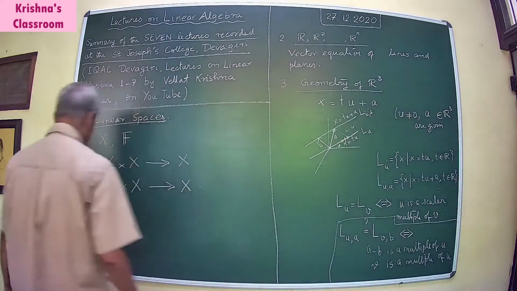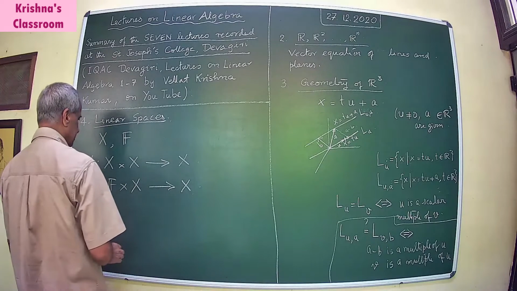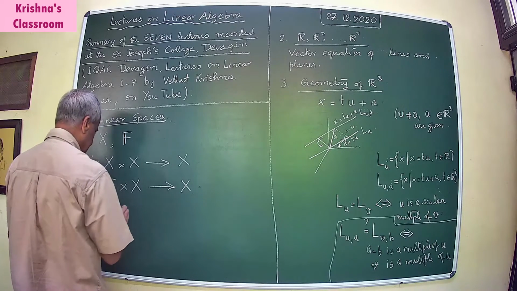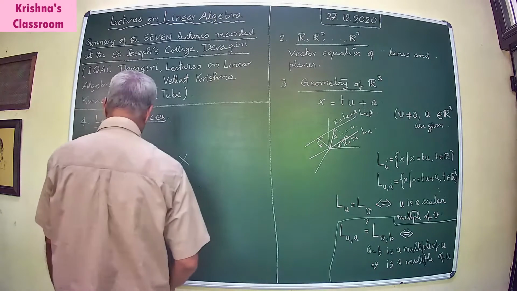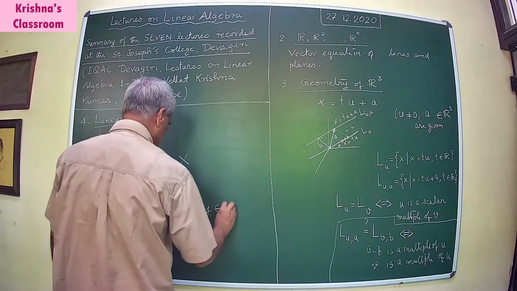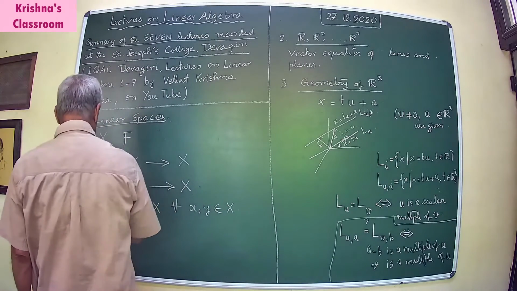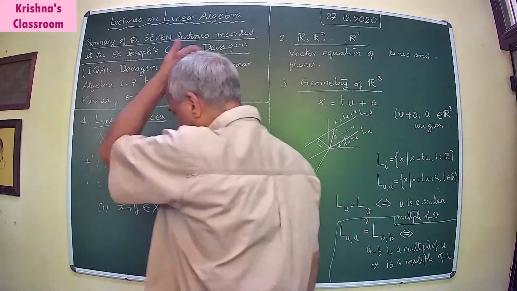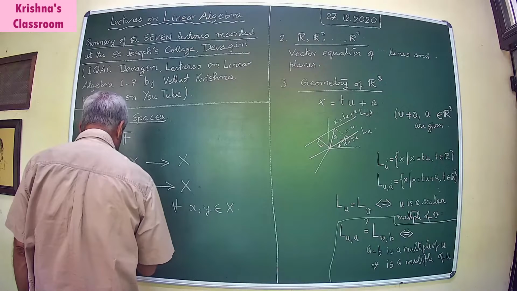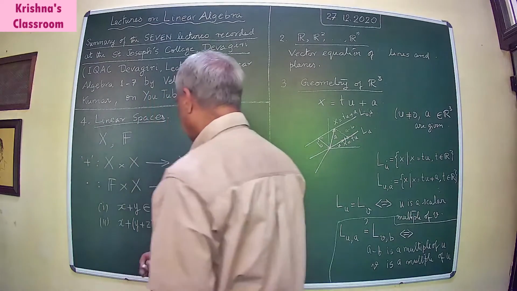What are the properties? The first property is that x plus y belongs to X. This is true for every x and y belonging to X. Second statement is that addition is associative. That is the associativity of the addition.